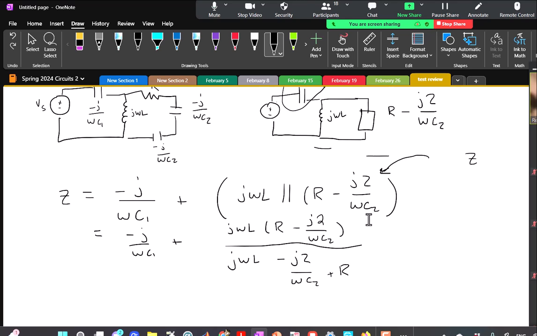And then I have no choice but to fill in some numbers, and I get minus j9231 over omega.